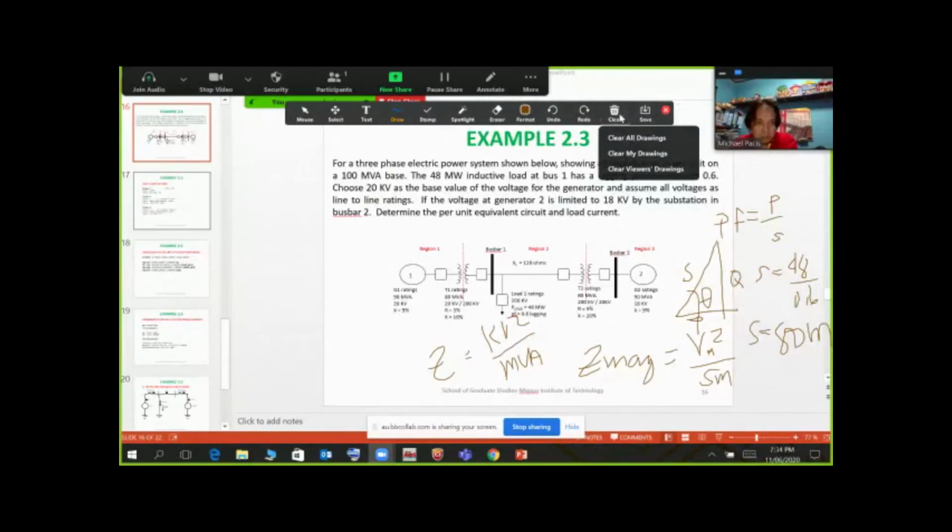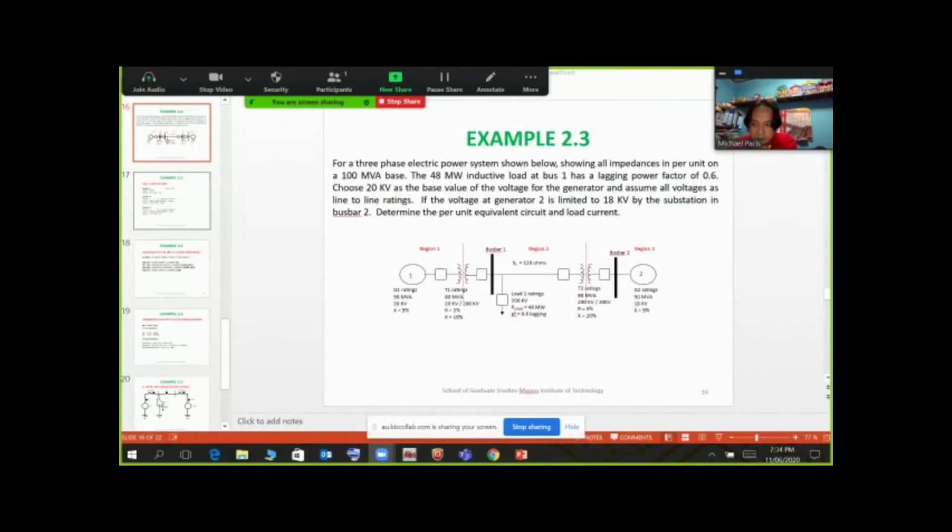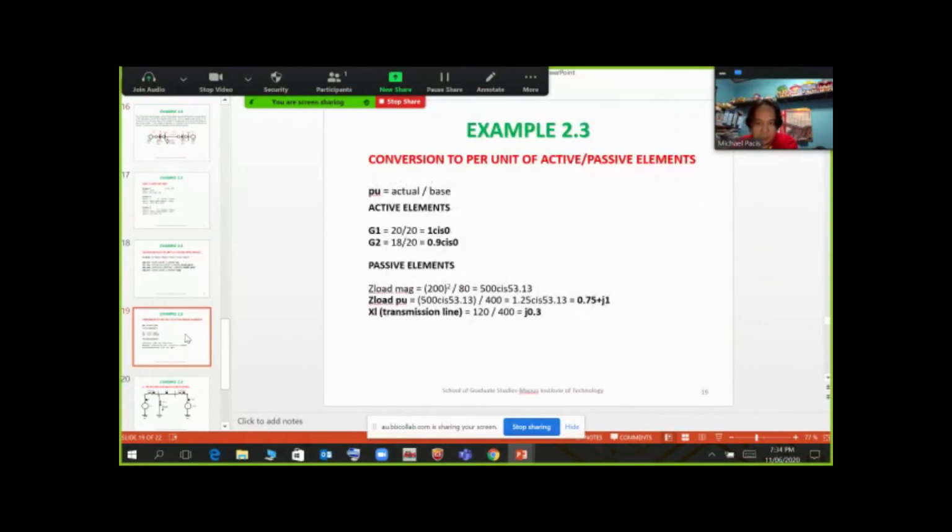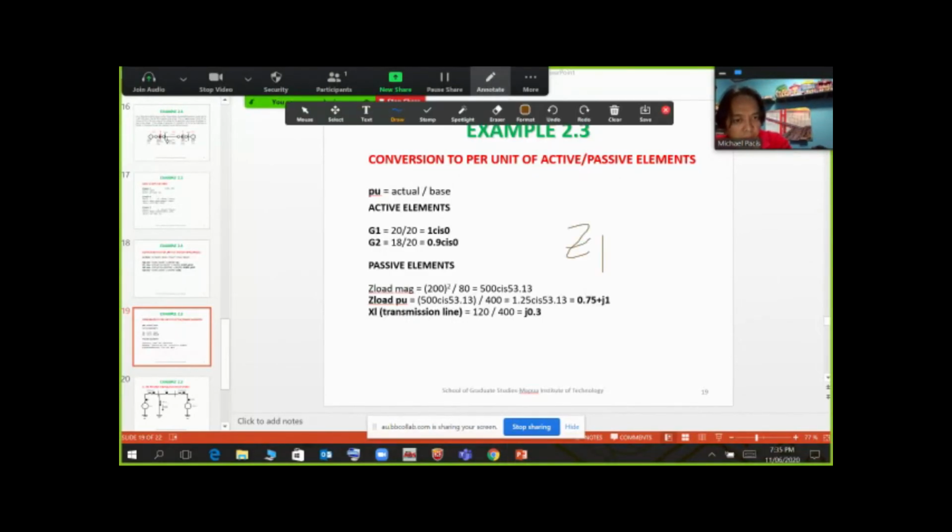Okay. So we can clear the drawing again and go back here. Yes, we have that magnitude. However, to get Z per unit, to model the Z per unit, it must be in vector. So it must have the Z actual vector, and you divide it by Z base.